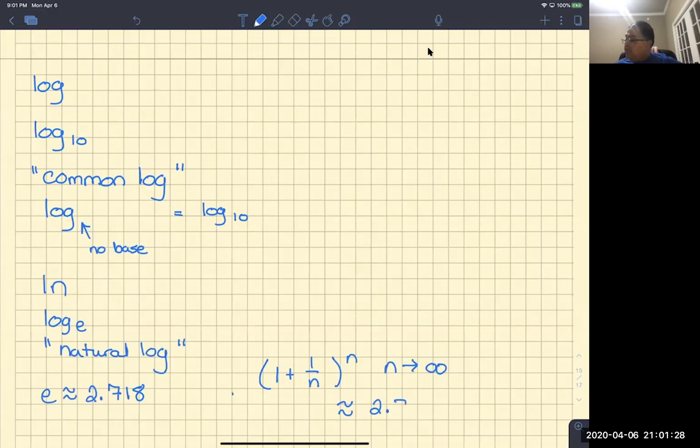2.718 dot, dot, dot. It's an irrational number, so the decimal neither repeats nor terminates, kind of like pi, okay? So this is a really special number called Euler's number, or the natural base.